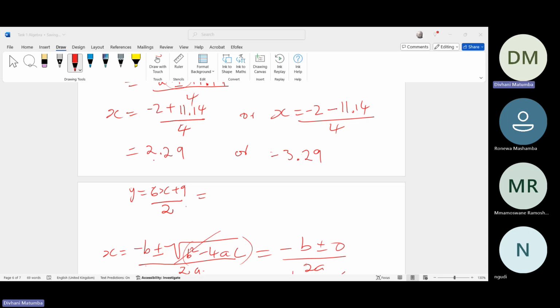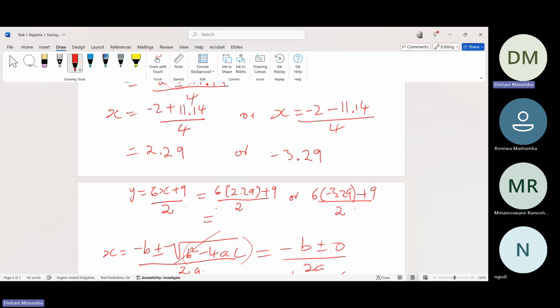So if we substitute 2.29, we will have 6 into 2.29 plus 9 all over 2, or 6 into minus 3.29 plus 9 all over 2. So what do we get from that?